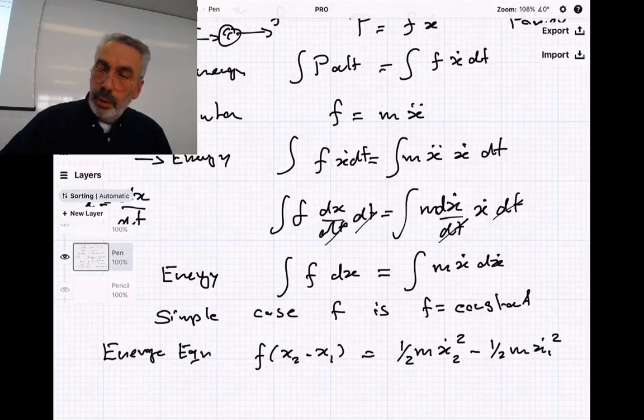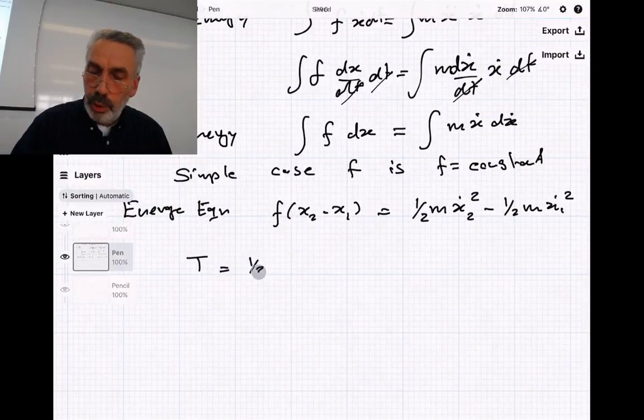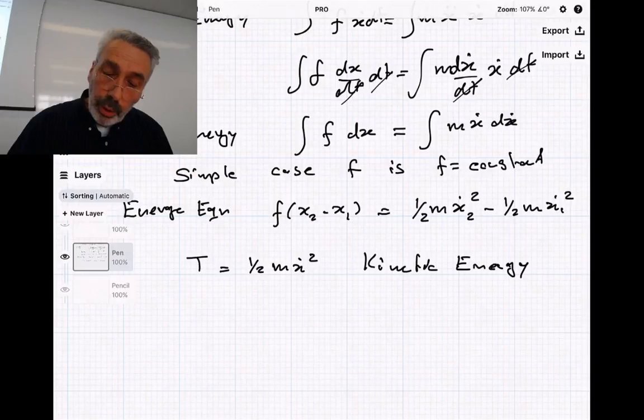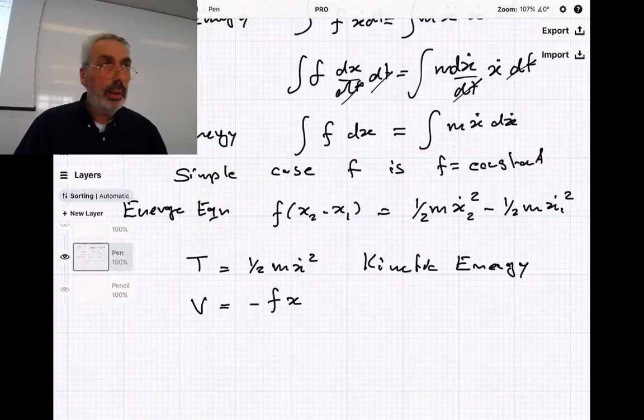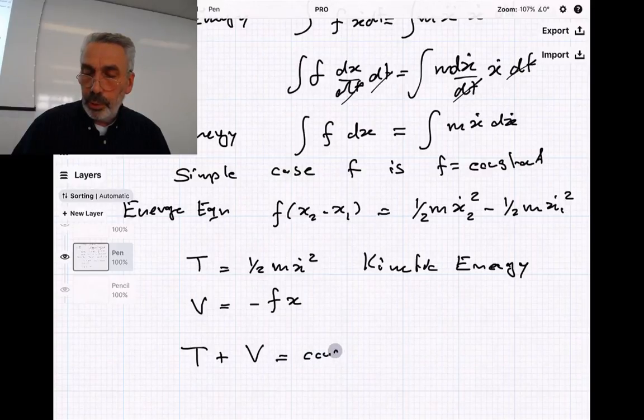And if we then give the terms a name, if we say T, this 1/2 m x dot squared, is what we call kinetic energy, because that's something like the mass and the velocity, the kinetics of the thing. And if we call potential energy minus force times distance, then you can recast the equation and say, apparently the kinetic energy plus the potential energy should be constant.